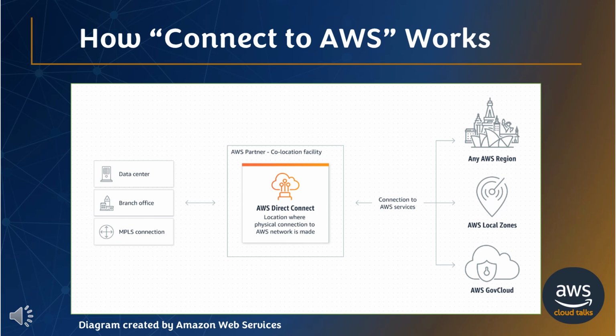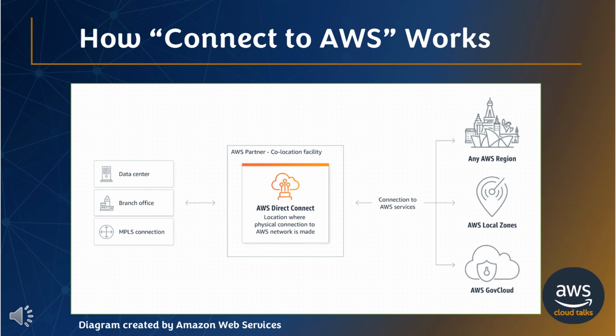Excellent. Now let's see how AWS Direct Connect works. The AWS Direct Connect cloud service is the shortest path to your AWS resources. While in transit, your network traffic remains on the AWS global network and never touches the public internet.